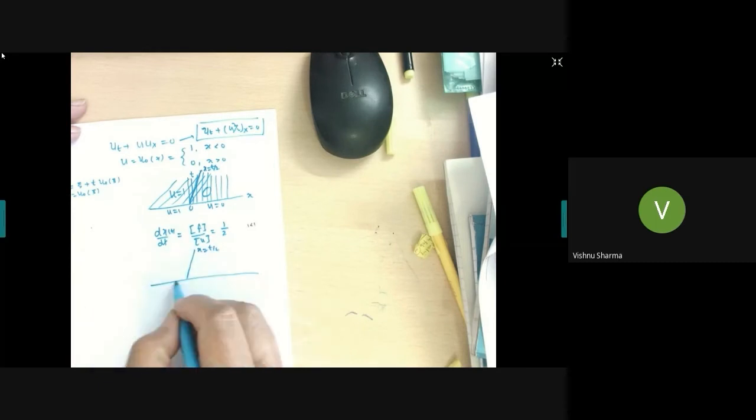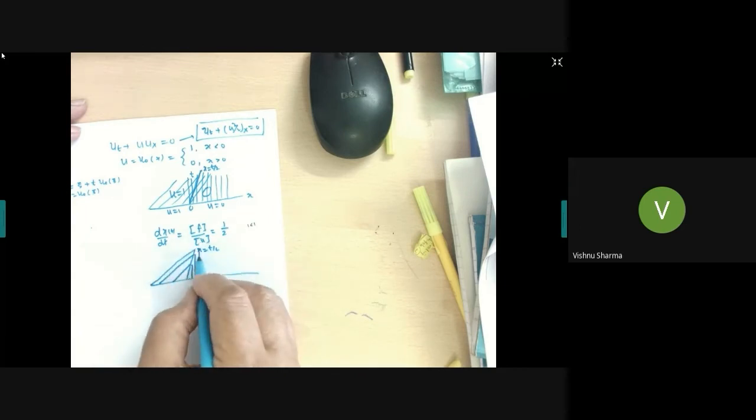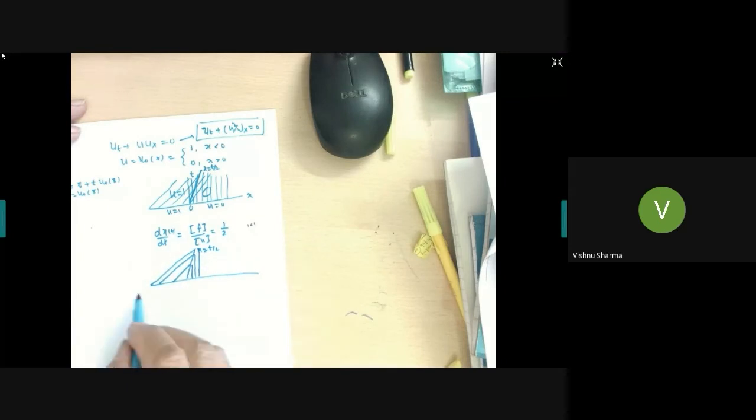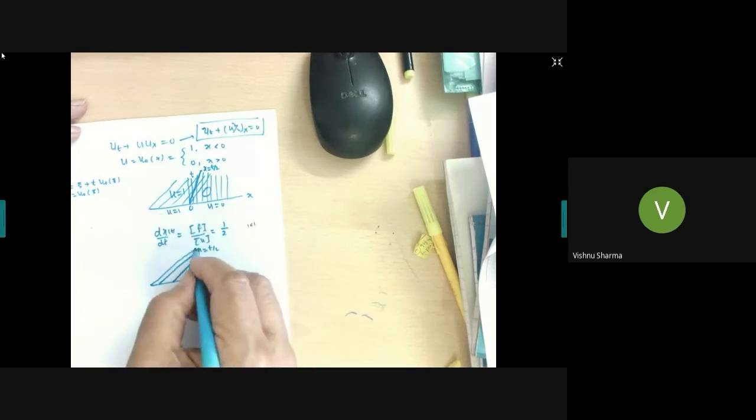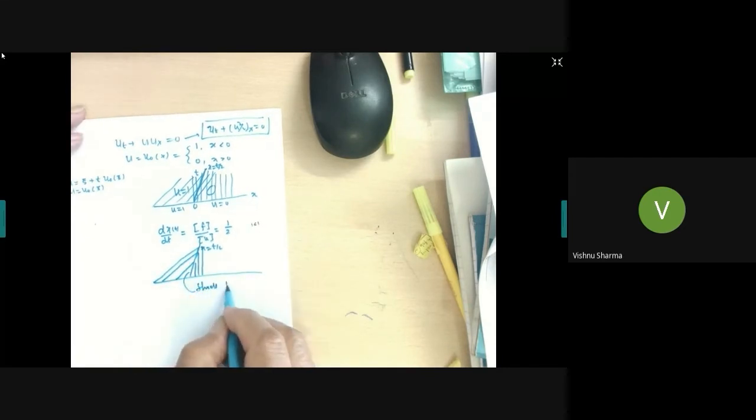This is the solution, and these are the characteristics which impinge on the discontinuity emanating from the initial data. That is, the disturbance is absorbed by the shock. Such a discontinuity is referred to as a shock. It is called a shock or a shock wave because, in fact, it is a weak solution.